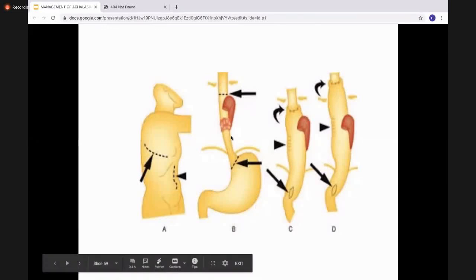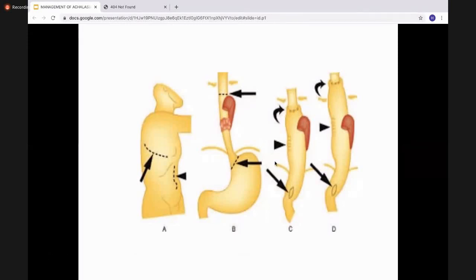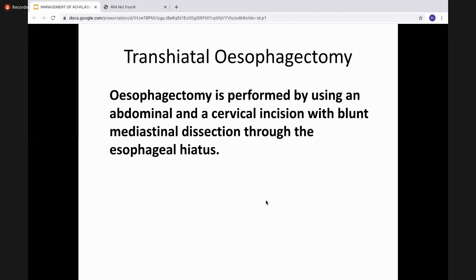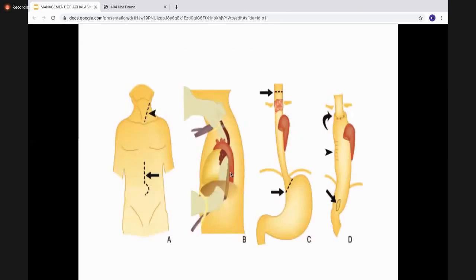The tumor is excised, and this stomach tube is anastomosed with the upper part of the esophagus here. In the transhiatal approach, the abdomen is opened and a left cervical incision is given. Over here, the upper abdomen is opened through this midline incision, and then the left neck incision is given.